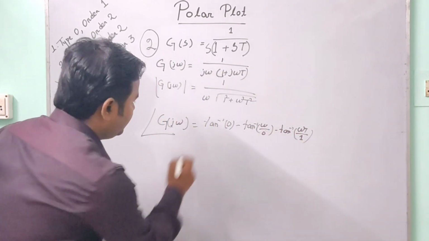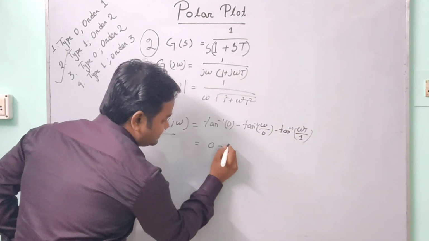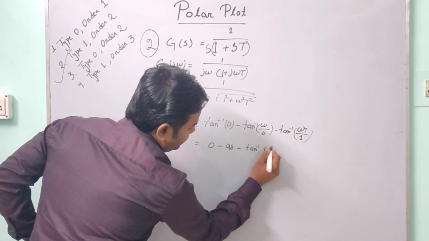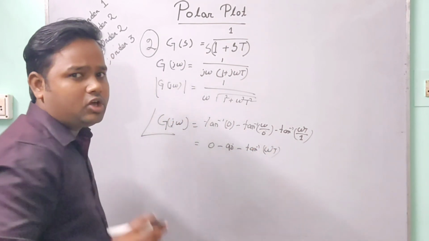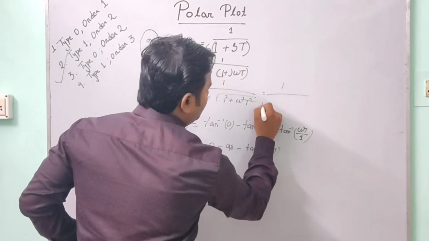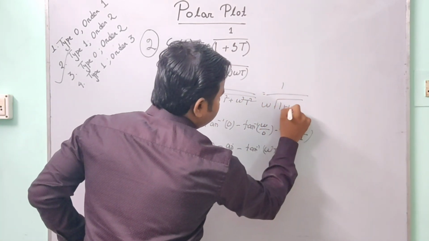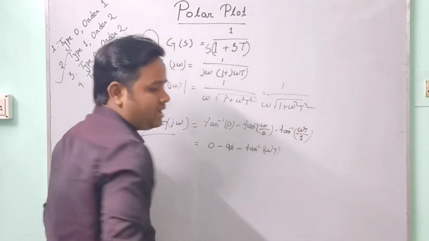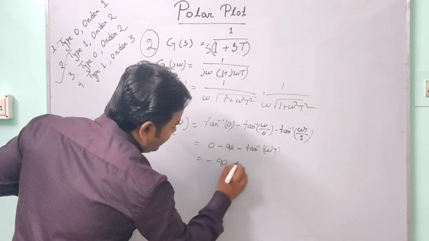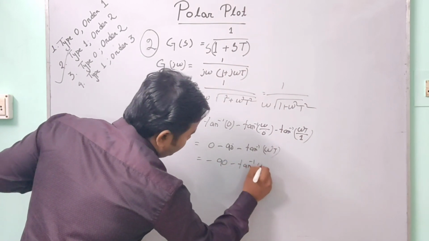So its value will be 0 minus 90 degrees minus tan inverse of omega T. So here we got magnitude equal to 1 divided by omega into root of (1 plus omega squared T squared), and the angle will be minus 90 degrees minus tan inverse of omega T.